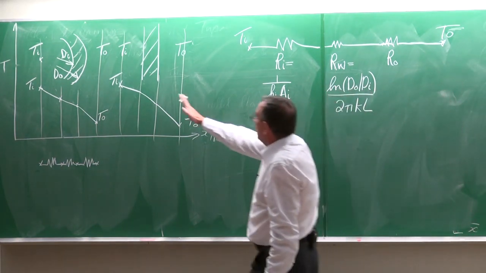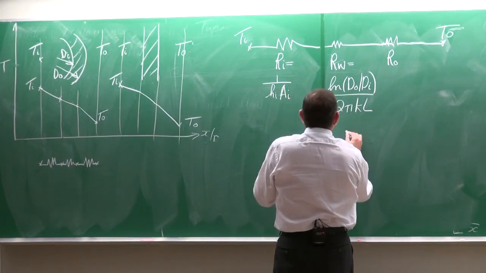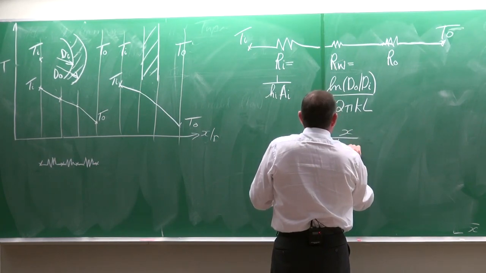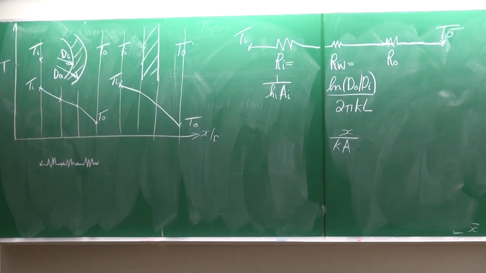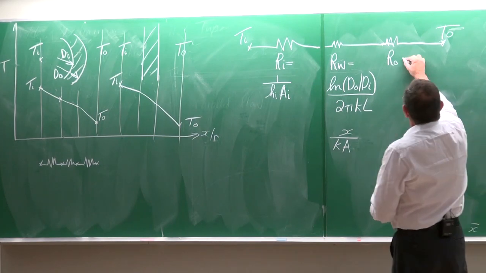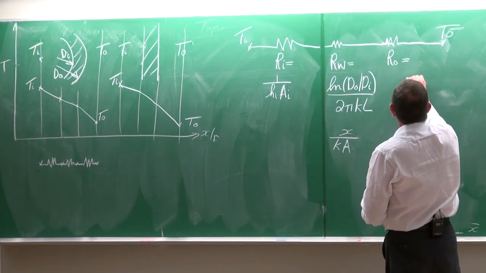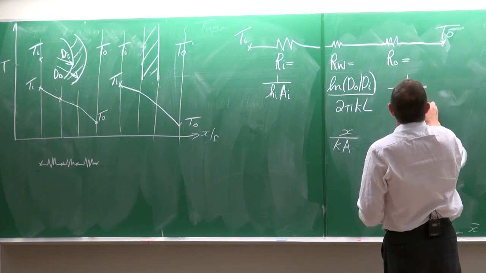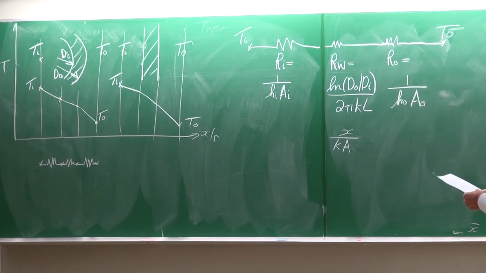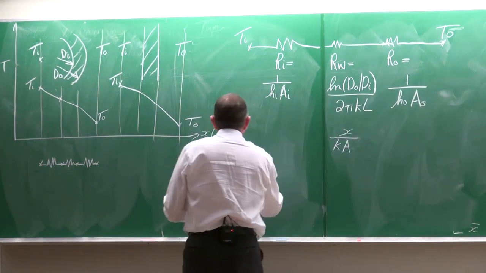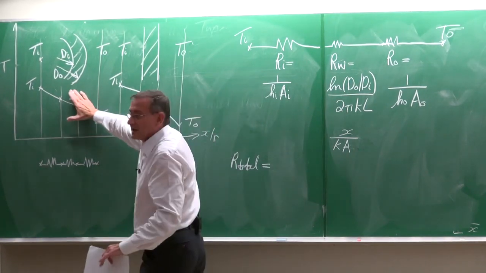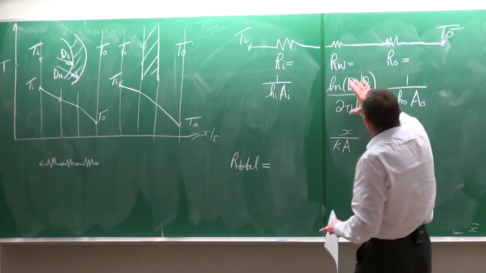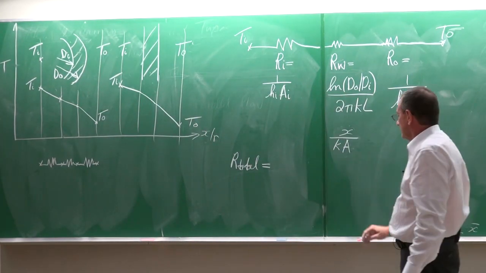Or, if it is a wall like this, it will be equal to x divided by k multiplied by the area of the wall. The resistance on the outside would be equal to 1 divided by the heat transfer coefficient on the outside multiplied by the area on the outside. Therefore, the total resistance, okay, and I'm just going to use this case now. This case is just where we've got this term being replaced by that term. Okay.